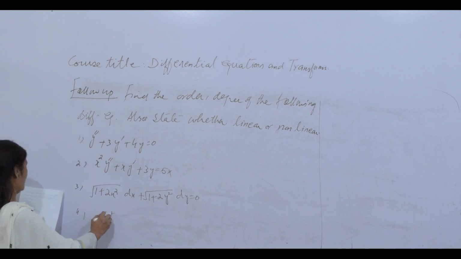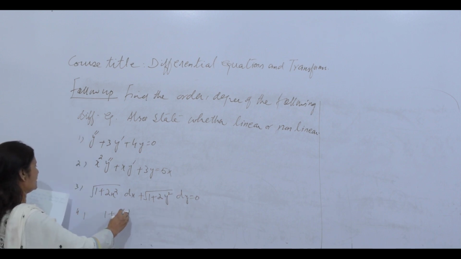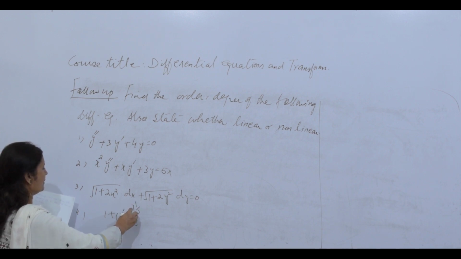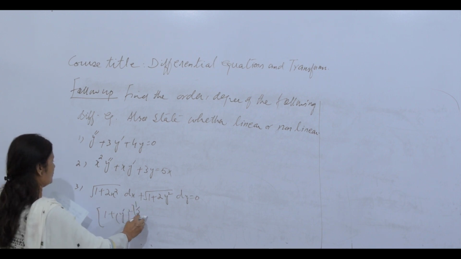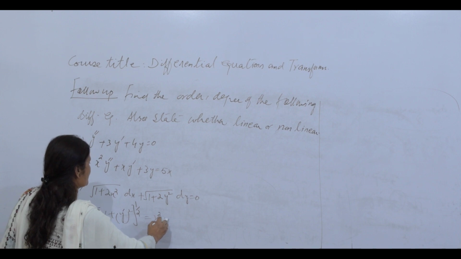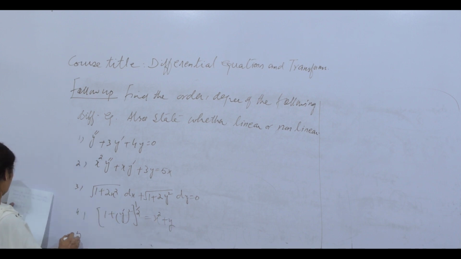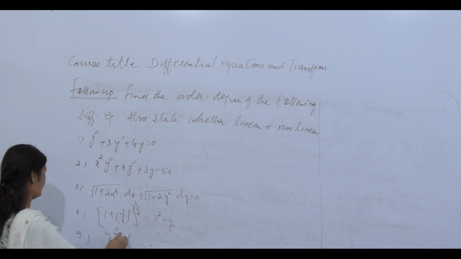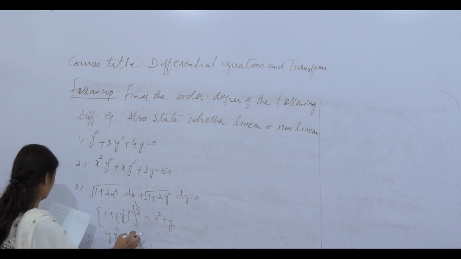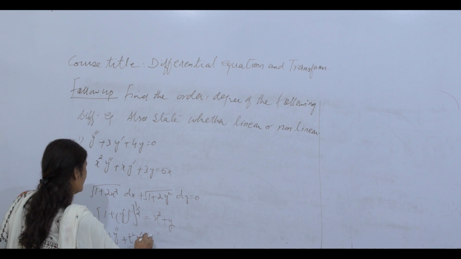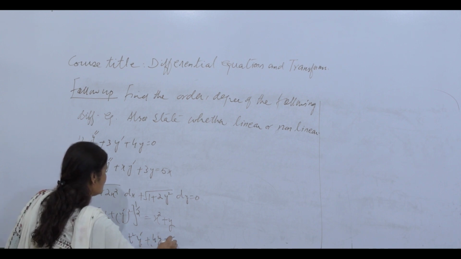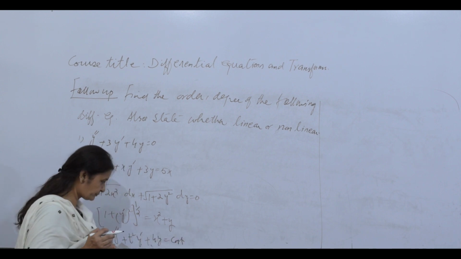Fourth: 1 plus y dash whole square raised to the power half is equal to x square plus y. Fifth is y double dash plus t square y dash plus 4y is cos t.